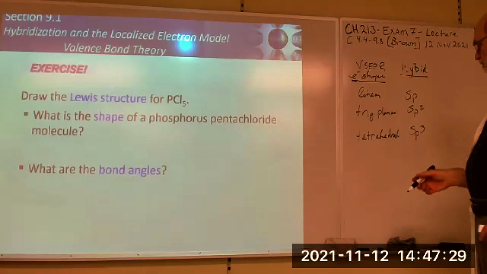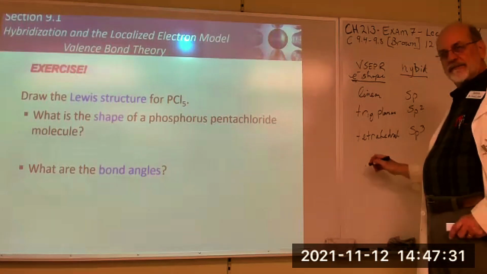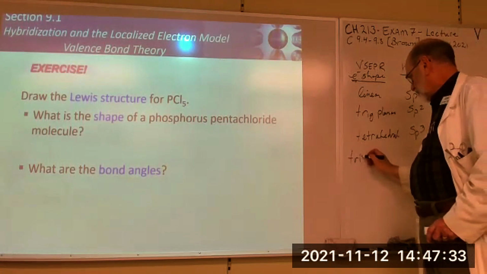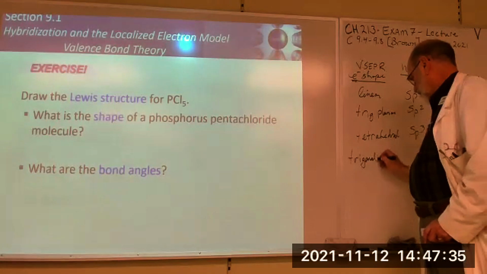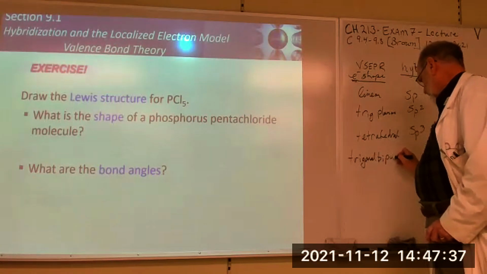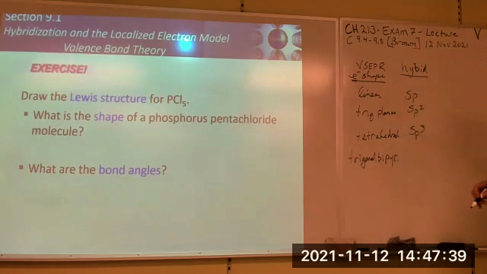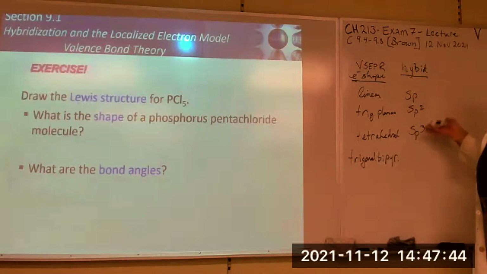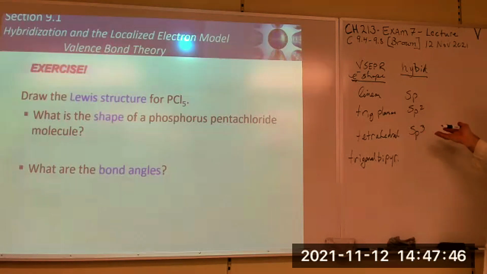What about trigonal bipyramid? That needs 5 orbitals, right? We've used up all our s's and all our p's. So where do we go from there? d.